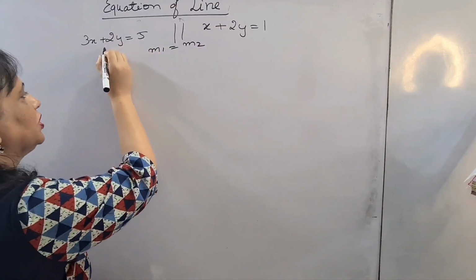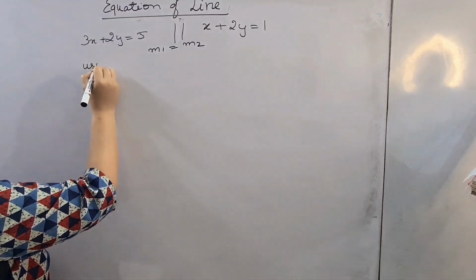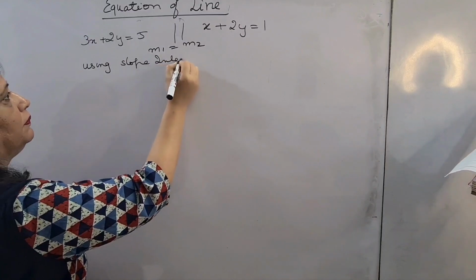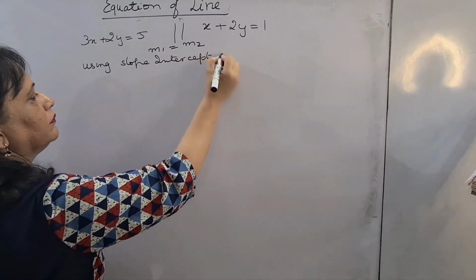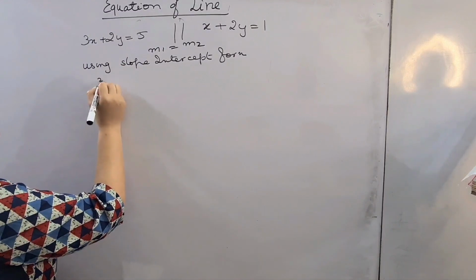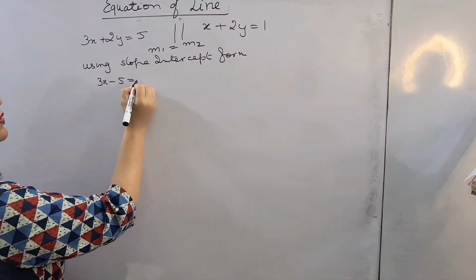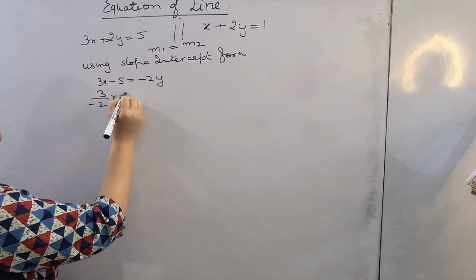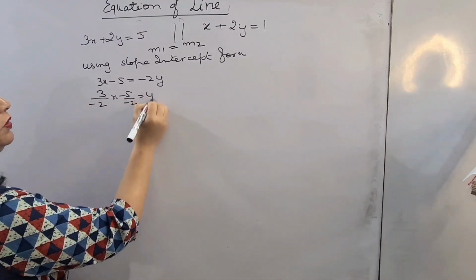Since it is in equation form, I am using slope-intercept form. See children, 3x minus 5 is equal to minus 2y, or 3 upon minus 2 x minus 5 over minus 2 is equal to y.